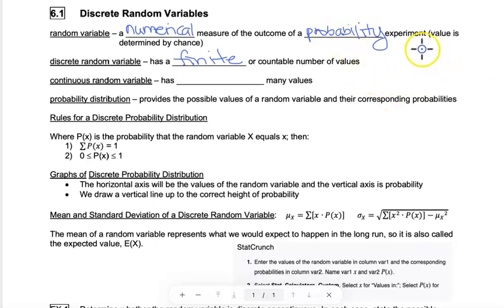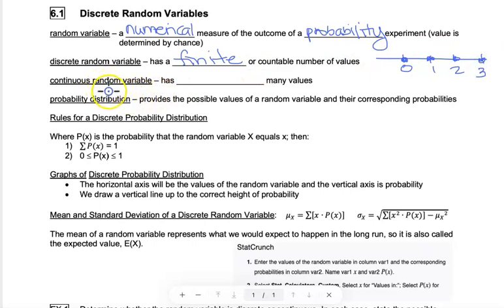One way to think about a discrete random variable is if you were to graph it on a number line, with our different values, you're going to have just individual dots like 0, 1, 2, 3.